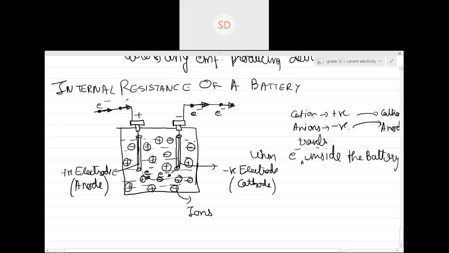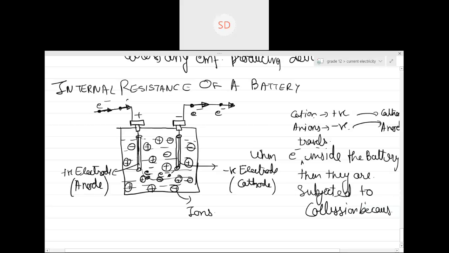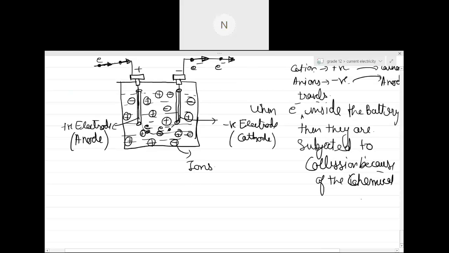When electrons travel inside the battery, they are subjected to collisions because of the ions or chemicals present inside the battery. Yes or no?